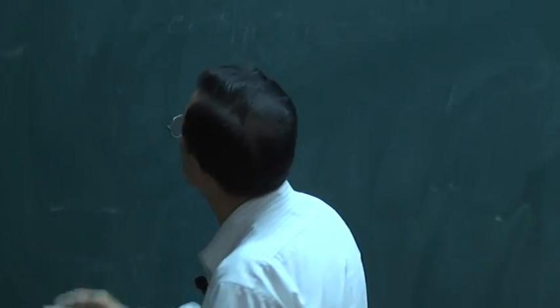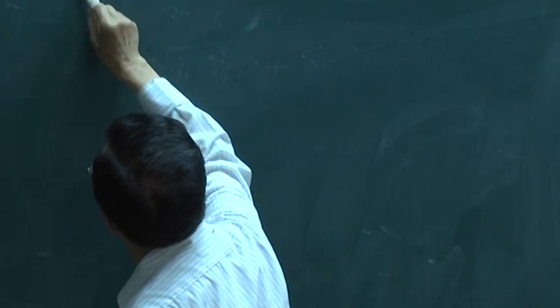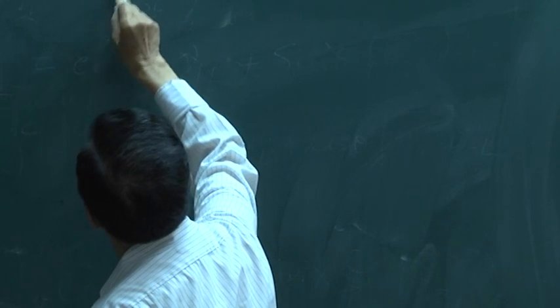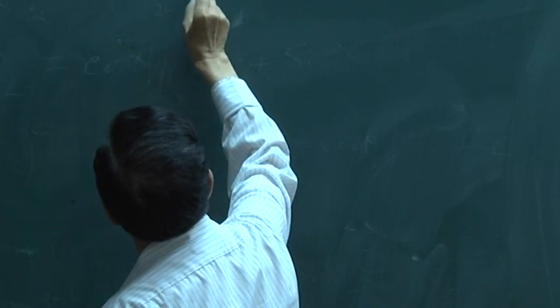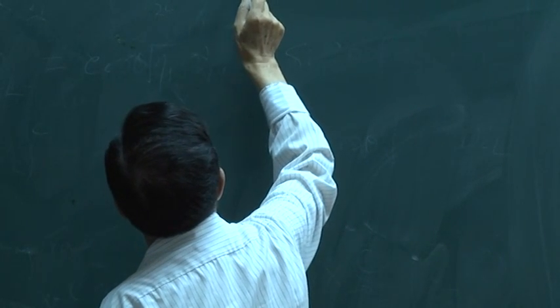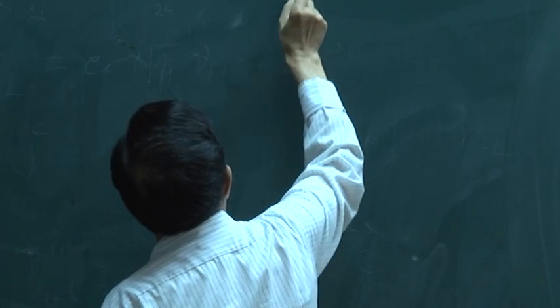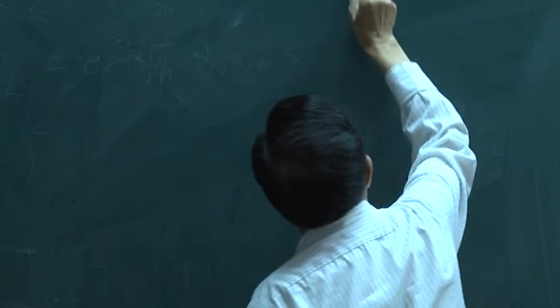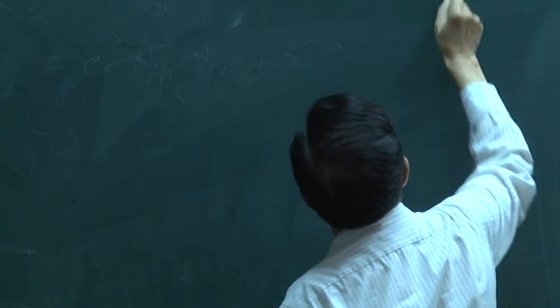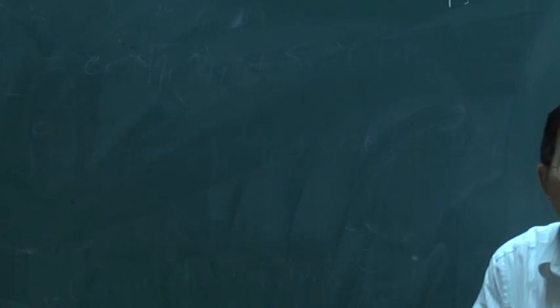The second consequence is called the neutrino mass, double beta. That means in the nuclear reaction with beta decay, you don't see the neutrinos in the final state.